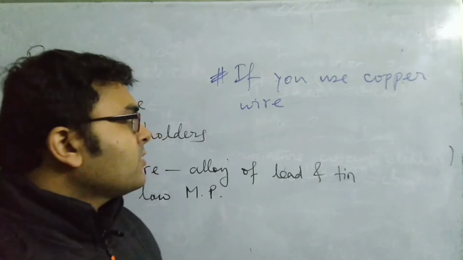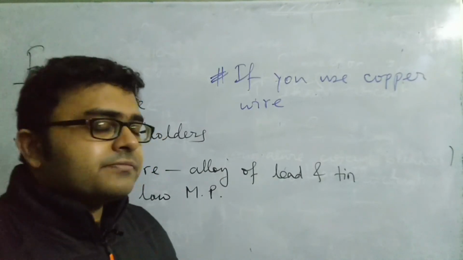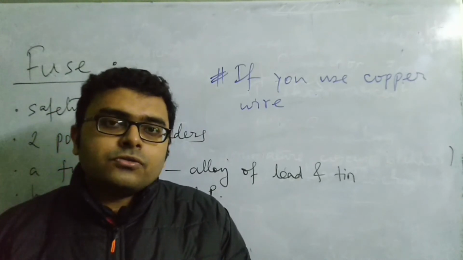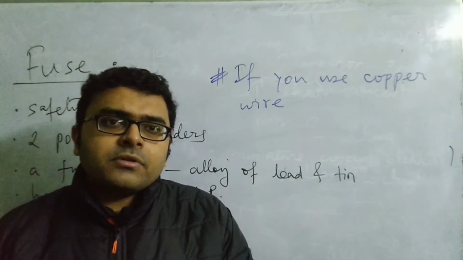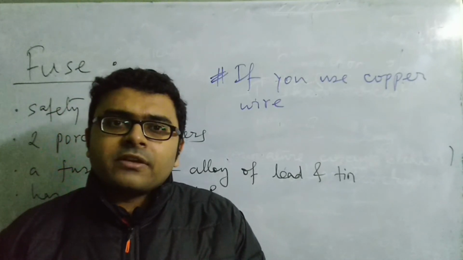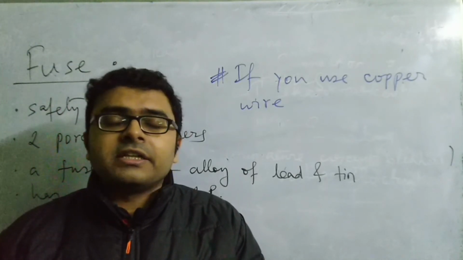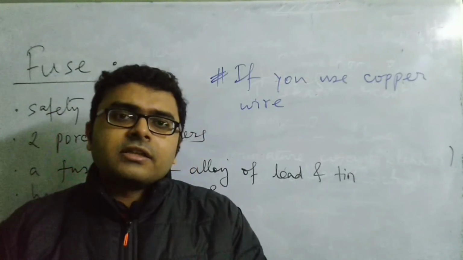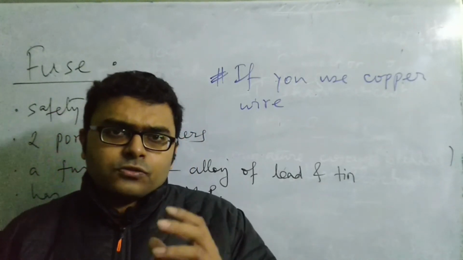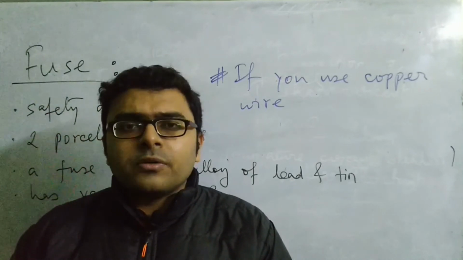Now, what happens if we use a copper wire? See, copper wires have very high conductivity. They have a high melting point. So even if a high amount of current suddenly starts flowing through the circuit, the wire will not heat up and it will not melt, isn't it? So the very purpose of using the fuse, that is to protect your device, will not be achieved.